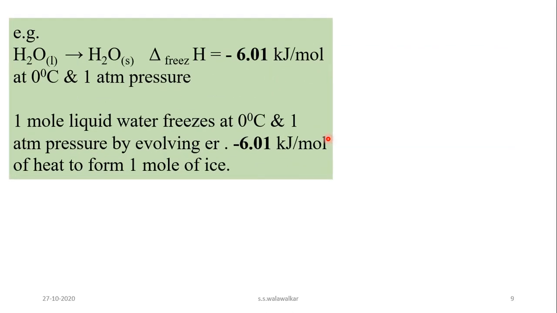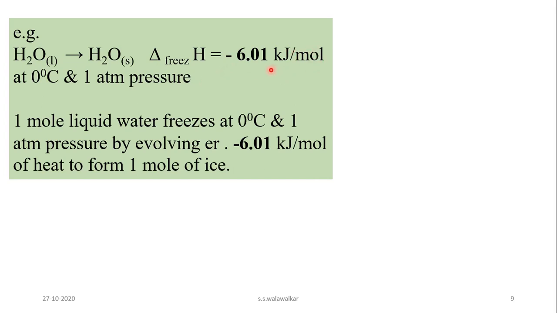So an example of this is water in a liquid state giving you water in a solid state, that is, enthalpy of freezing is equal to minus, here the sign is changed. Enthalpy of fusion is endothermic, whereas for enthalpy of freezing, when this much amount of heat is removed from the system, then liquid water freezes. So minus 6.01 kilojoules per mole.